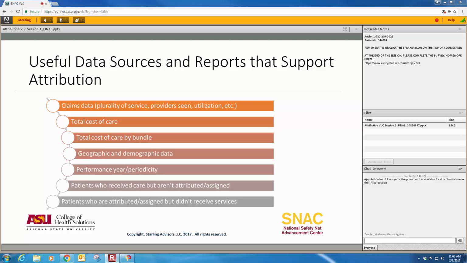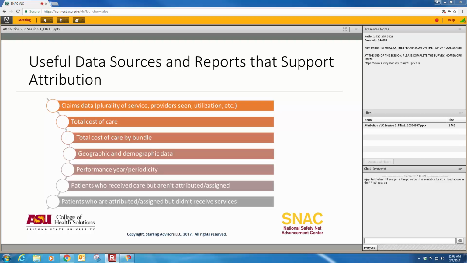There are a set of useful data sources that get factored into these attribution models, the most important of which is historical claims data. Claims data is ultimately used to look at historic patterns of utilization and historic patterns of cost.